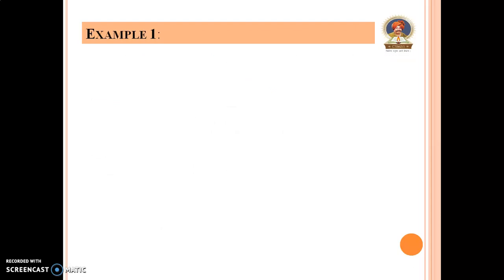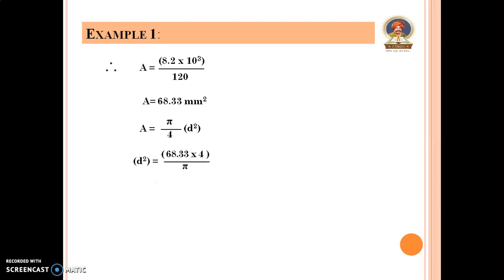Then the equation is A is equal to 8.2 into 10 raised to 3 upon 120. Therefore the area is 68.33 mm square. Now use the equation of area, A is equal to pi by 4 d square. So d square is equal to 68.33 into 4 upon pi.